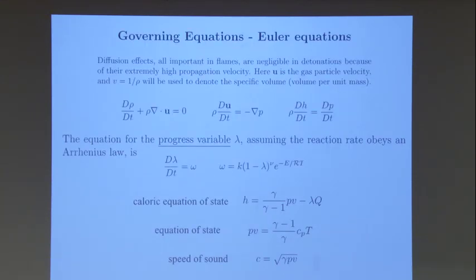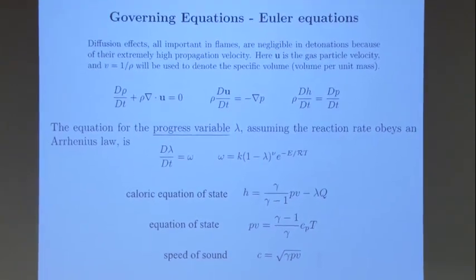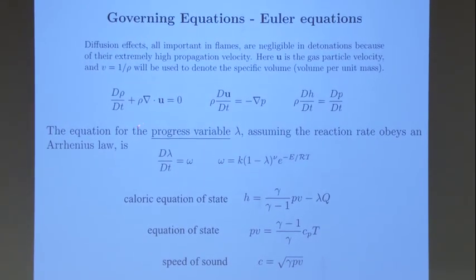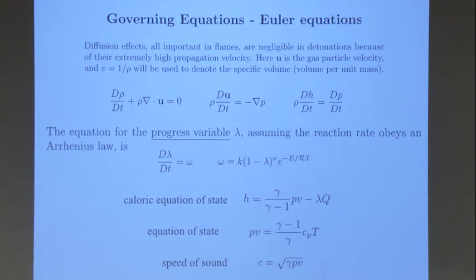It's a little bit of details. These are just a few comments. The description of detonation usually assumes that diffusion effects are negligible. They are relatively small compared to convective effects, and so one usually focuses on the Euler equations.